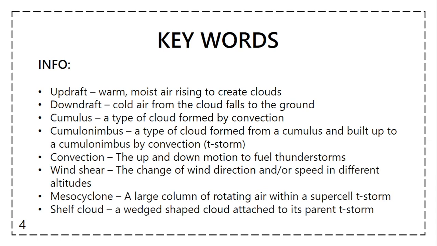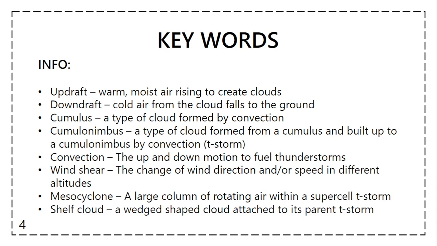I'll go into that later in a deep dive. You might not understand me now, but don't worry, these keywords will be used and I'll be explaining how it works later on. Convection, the up and down movement that fuels thunderstorms. Again, you can call this instability, basically what makes thunderstorms. A lot of convection typically means more thunderstorms.